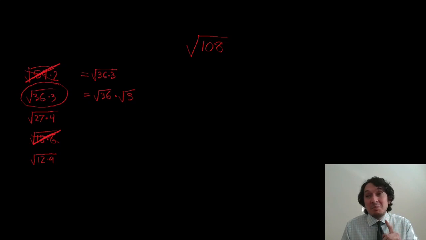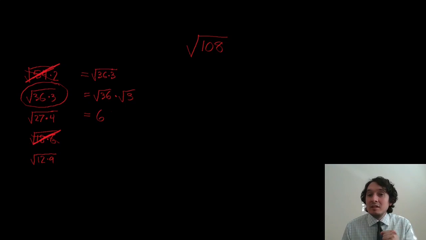And that's good because while we can't fully simplify the square root of 108 without getting a decimal, we can simplify this part of it. So we can say the square root of 36, yeah, that's 6. And then the square root of 3, what to do with that part? Well, in math, usually you simplify things as far as you can using the strategy that you choose.